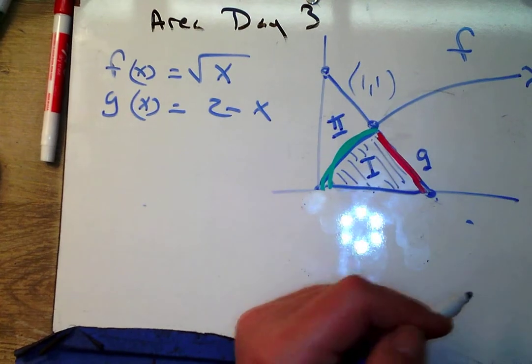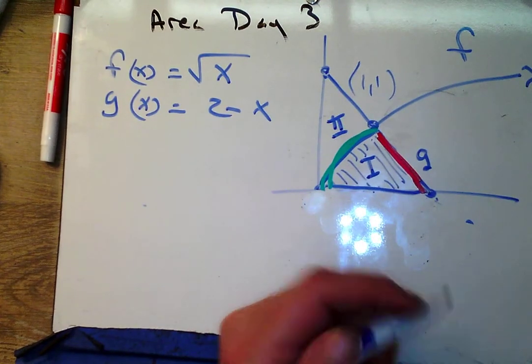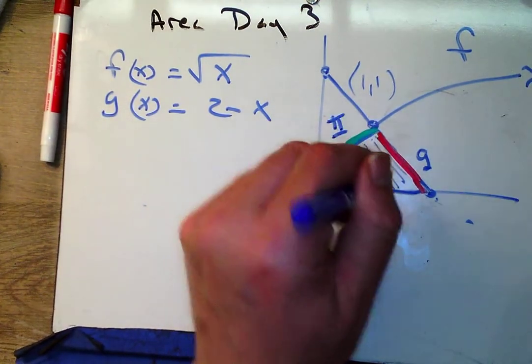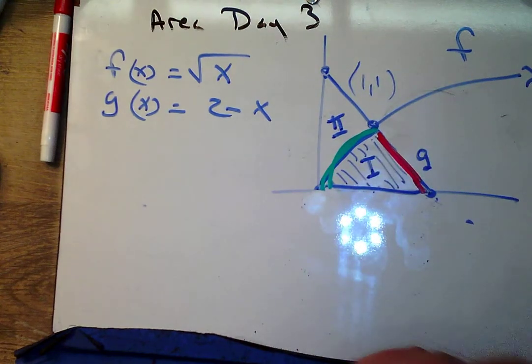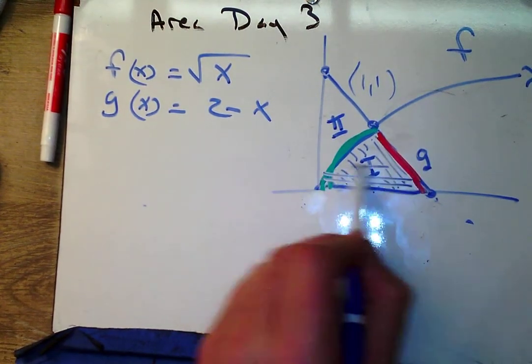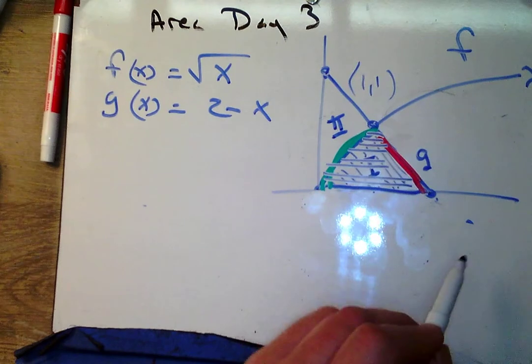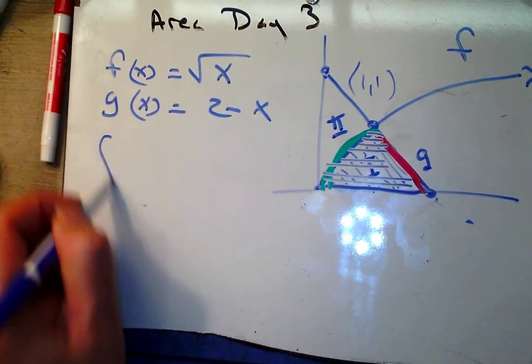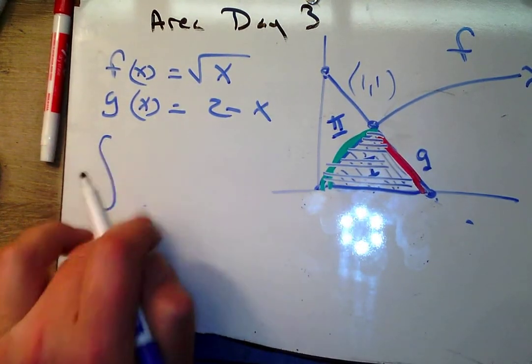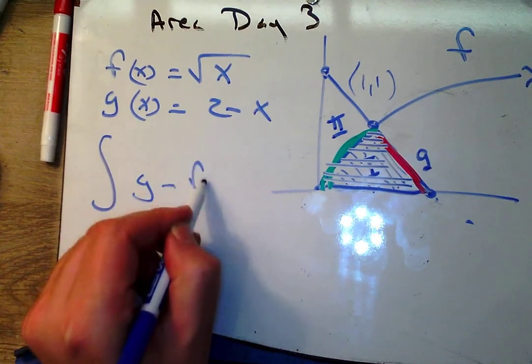So you only need one integral here. But instead of going this way, like my last problem did, I'm going to be going this way when I do right minus left. So I'm going to have the integral of g minus f.